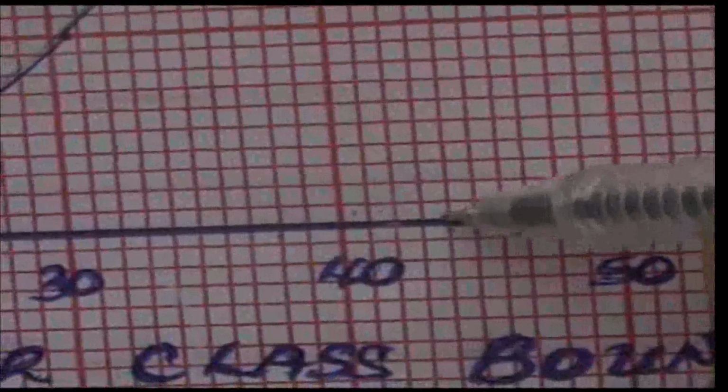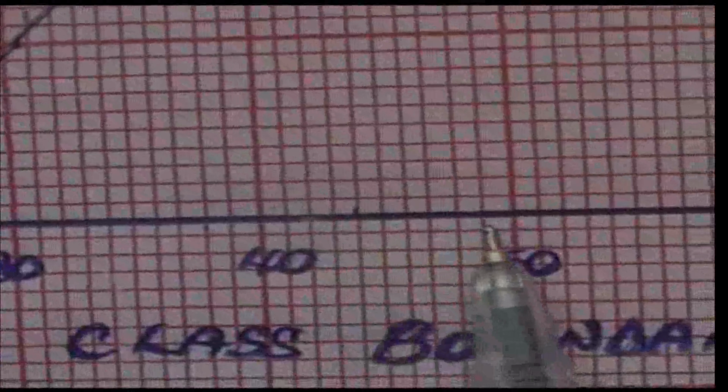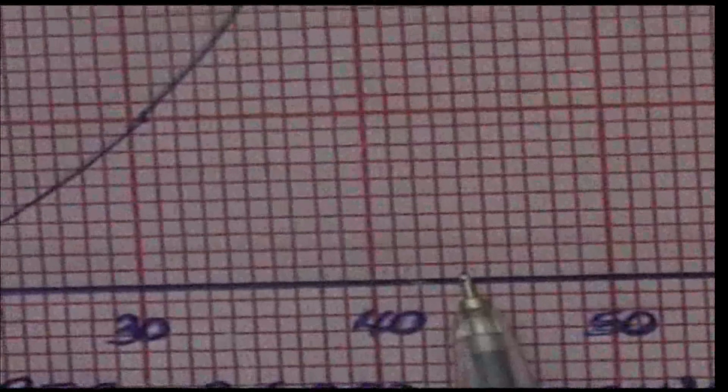So this is where it comes now. So put a point here and read the value. Here is 40 and here is 50. That means the small space is 1. So we have 41, 42, 43. So this place is 44. That means the answer to that question B is 44.